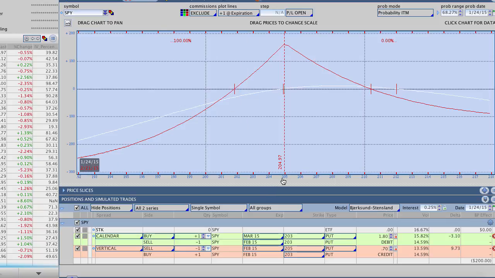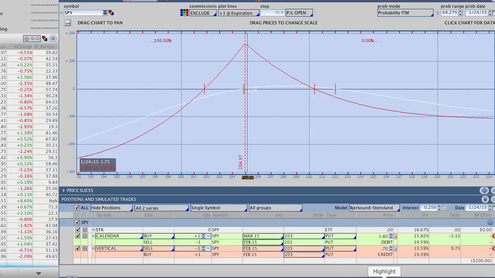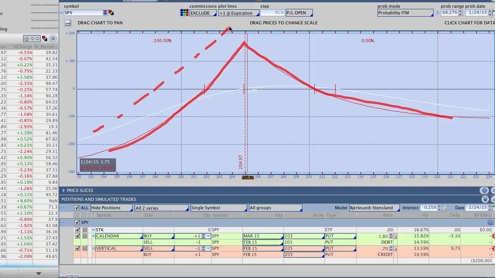But now you can see that that profit and loss diagram is starting to shift a little bit. So now it's starting to be a little bit more shifted towards the top side of the trade instead of looking like it did before where it was very even over 205 and very neutral.